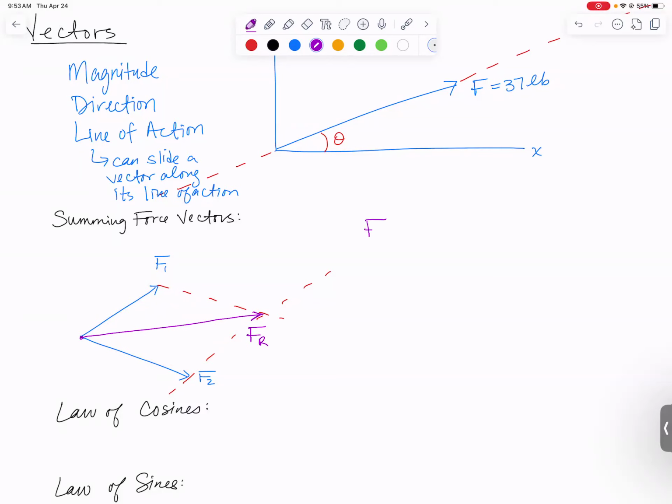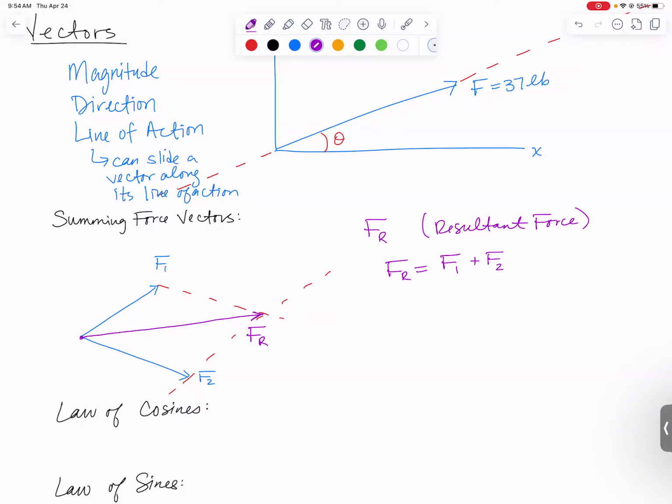We're going to use the resultant whenever we're adding up forces. The resultant force vector is equal to F1 plus F2. But they have to be summed in a vector fashion. We aren't just adding up the magnitudes. We also need to account for the fact that their directions are different from each other.